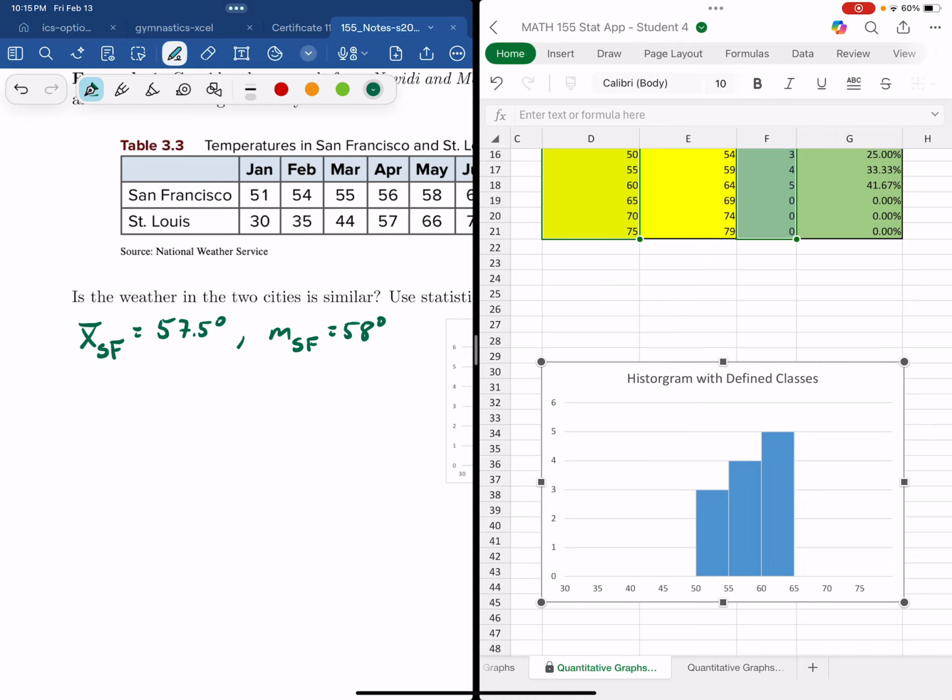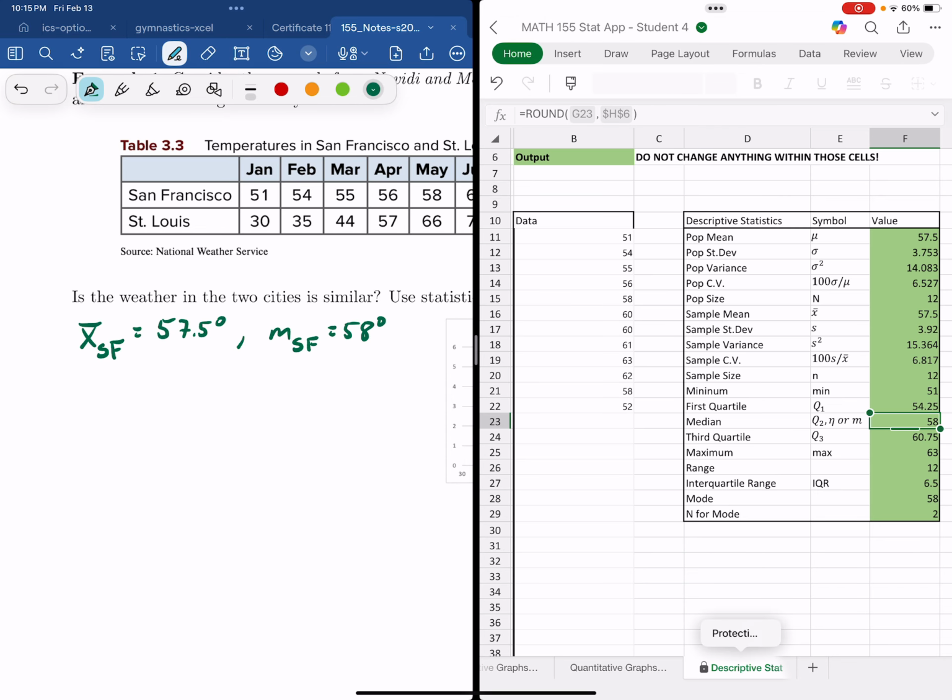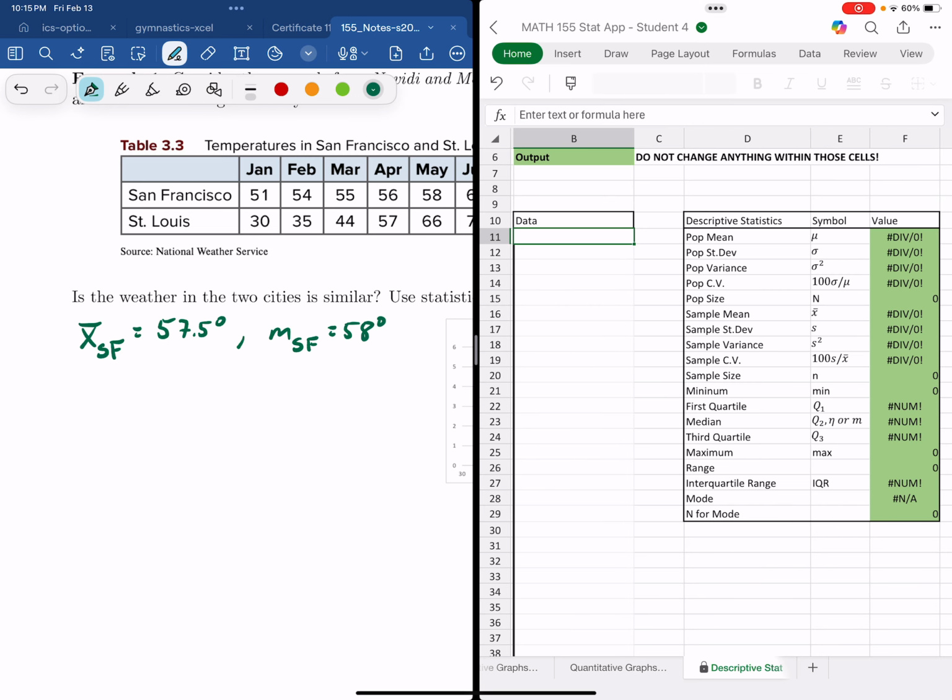This will just take a sec to enter the data. I'm going to go back here and delete the contents. We're going to re-enter the data, but this time I'm using the data from the bottom row.